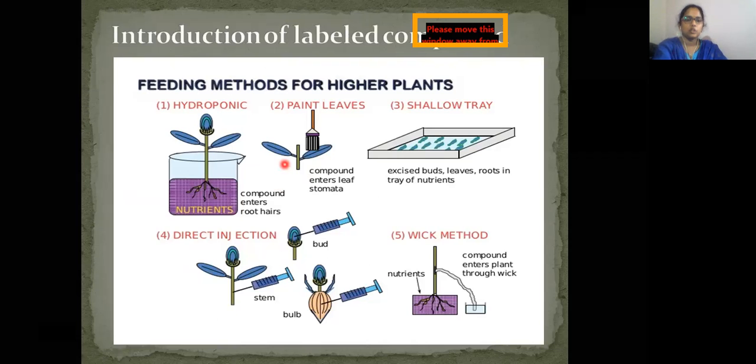Third one, direct injection method. These three are examples of the direct injection method.